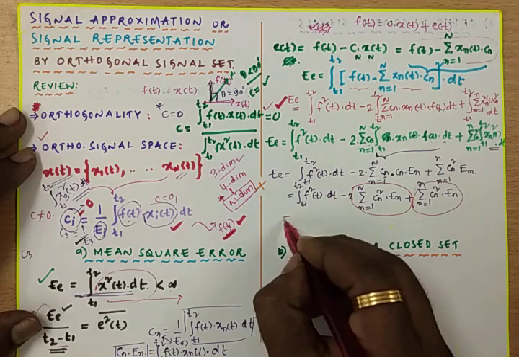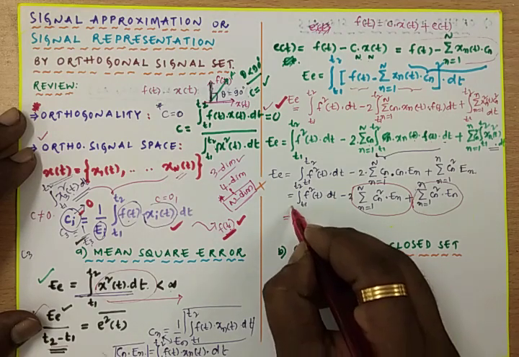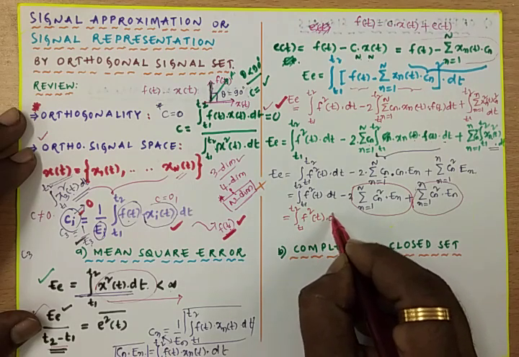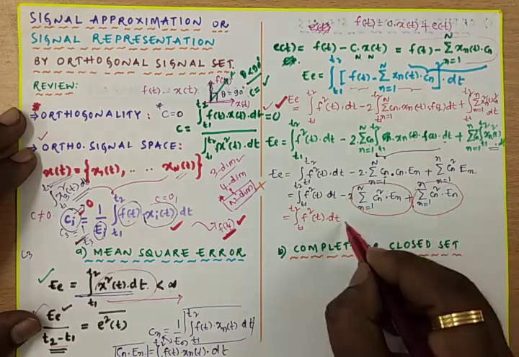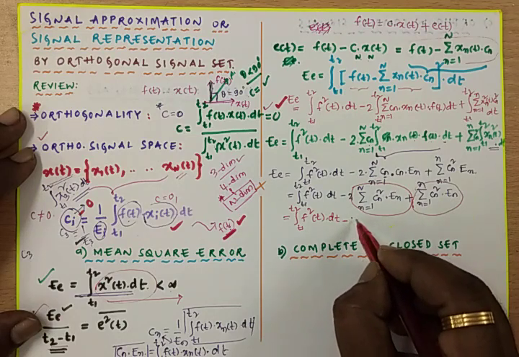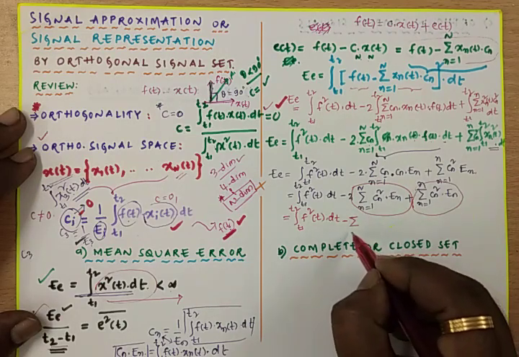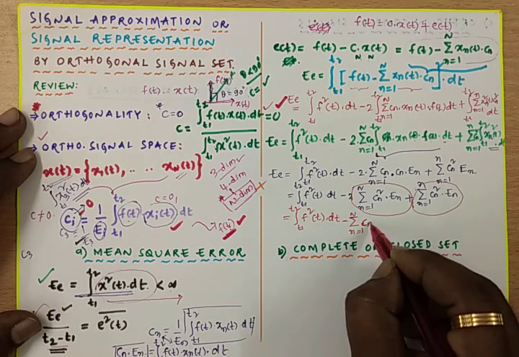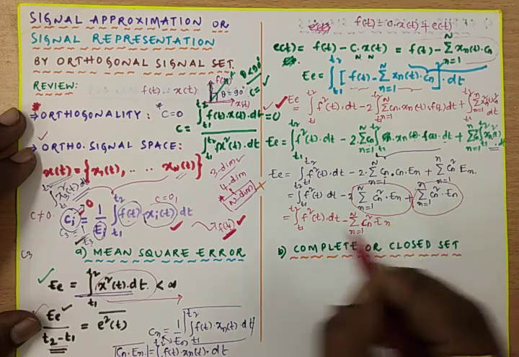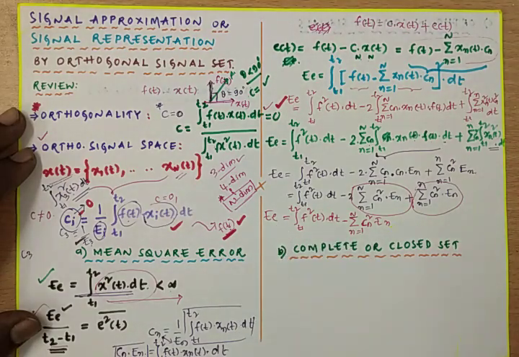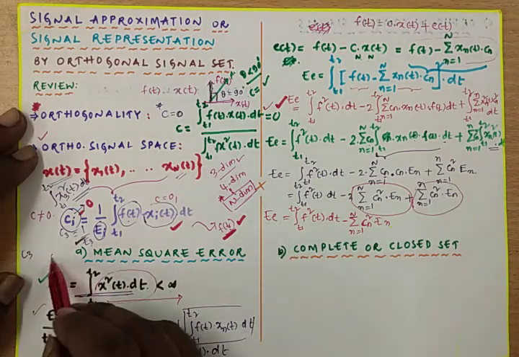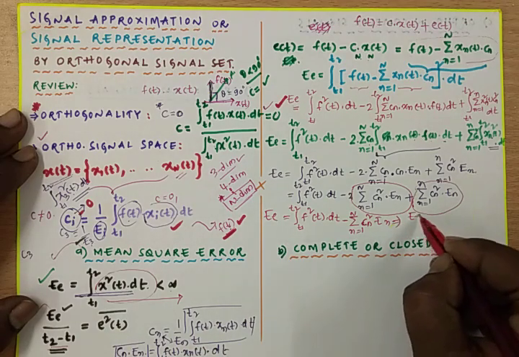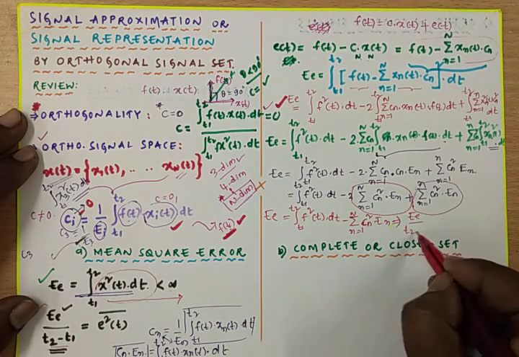So here we can have the integral T1 to T2 of f square of t dt, minus 2 plus 1 will be minus 1 only, so I can write it as sigma n equals 1 to N Cn square into En. Then what is it? It is EE now. But what do we have to calculate? Mean square error is nothing but EE by T2 minus T1.